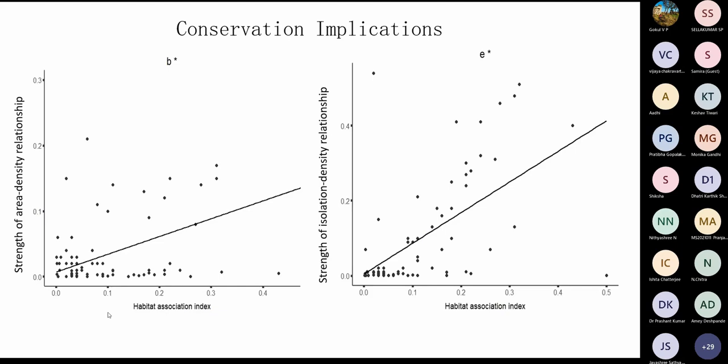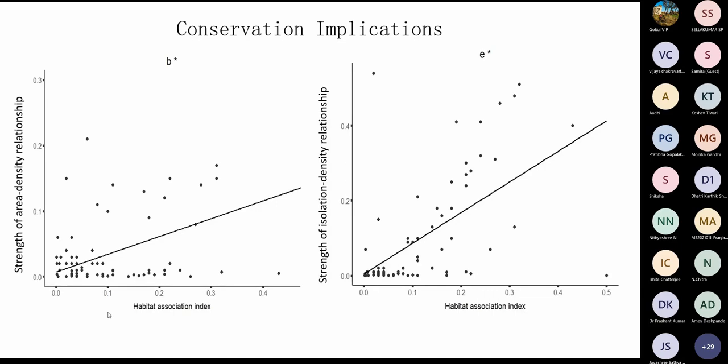So to take you to the conservation implications of my study, these scatter points that you see on the graph are not the abundances, they are the habitat association index on the x-axis, and on the y-axis it is the strength of their relationship with the habitat area and isolation.